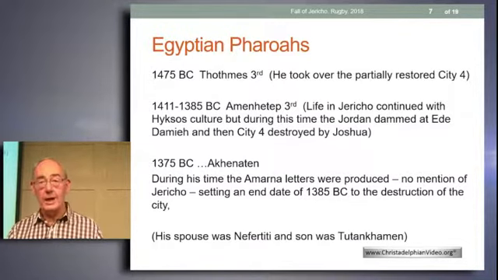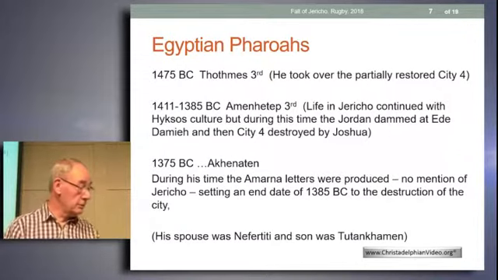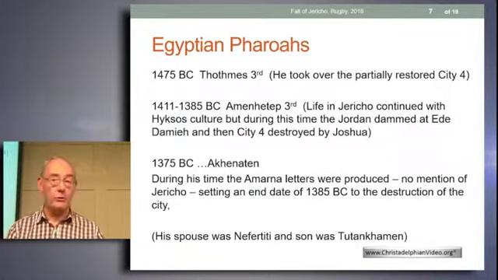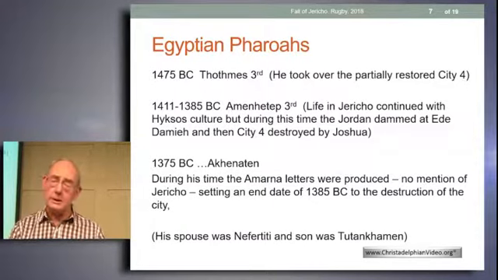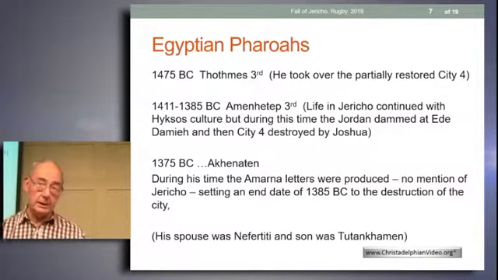We don't know actually the name of the Pharaoh who was in charge when the children of Israel were expelled during the time of Moses, but it's quite possible that it was this Amenhotep III. And I believe there's no record of him after this 1385 date, BC 1385.